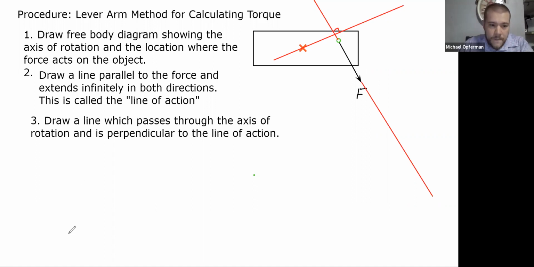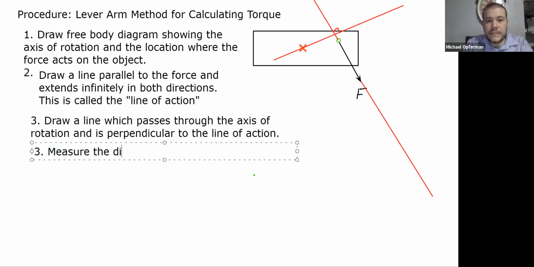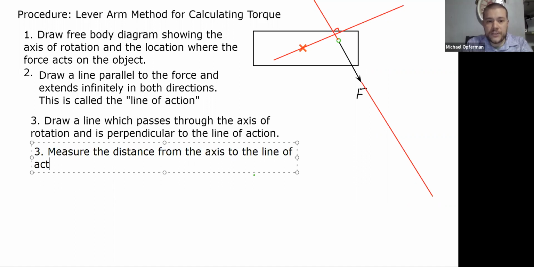Now, what you want to do is measure the distance from the axis to the line of action along the other line you drew.